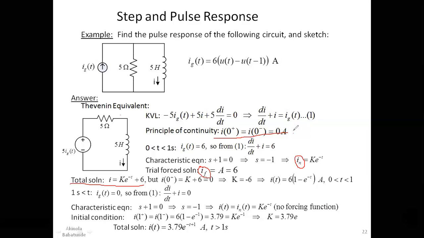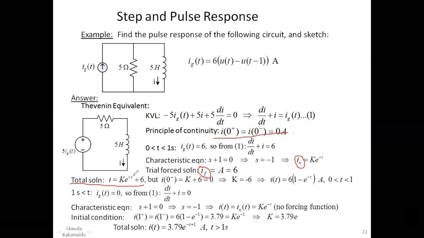So we have K e to the minus t plus 6 equal to I. I of 0 is 0 when t is equal to 0.